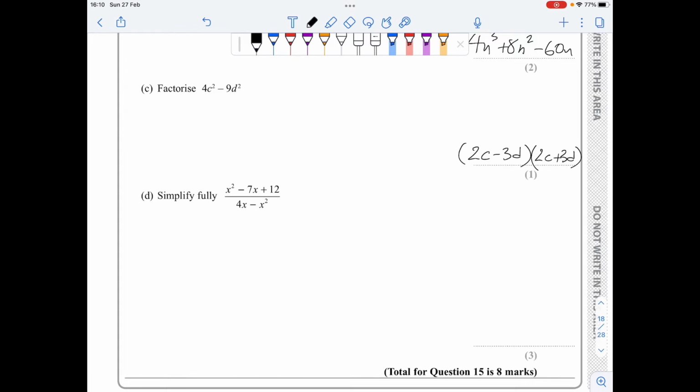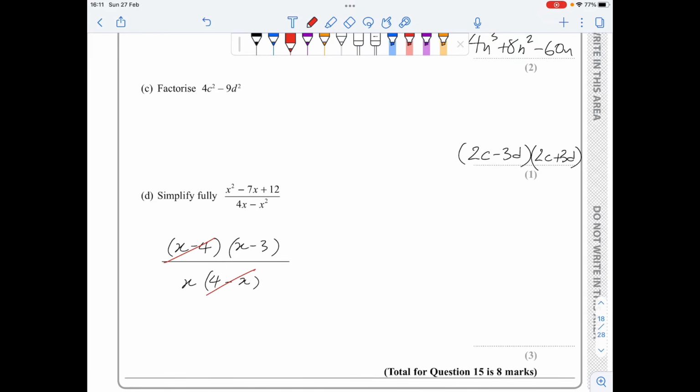And finally, in part D, I need to factorize both numerator and denominator, so I get x minus 4 times x minus 3 all over x times 4 minus x. Now, if I cancel out the top bracket with the bottom, they are not identical.